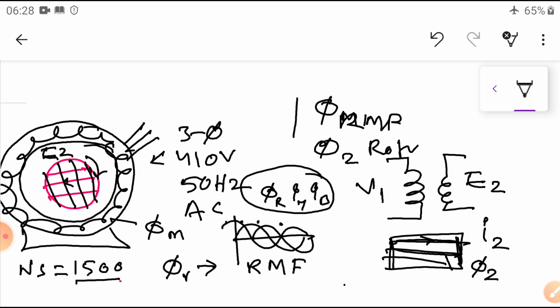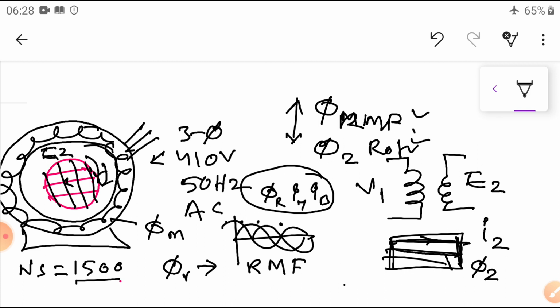Phi 2 is the rotor field. So due to the interaction of the two magnetic fields with the motor principle, the rotor will try to rotate in one direction, and due to Lenz law, it tries to oppose the cause of its production. Here the cause of its production is the relative speed between the RMF and the rotor conductors.